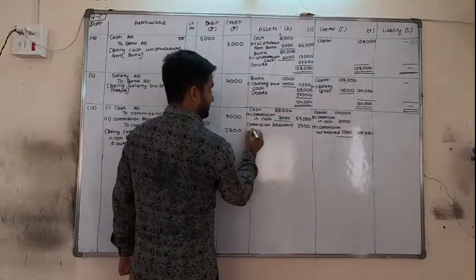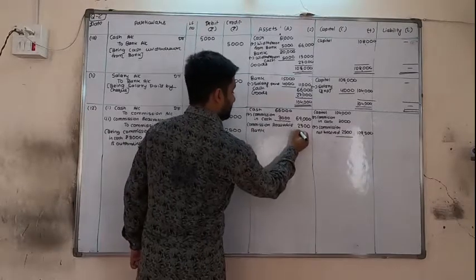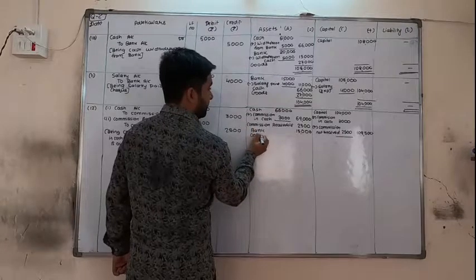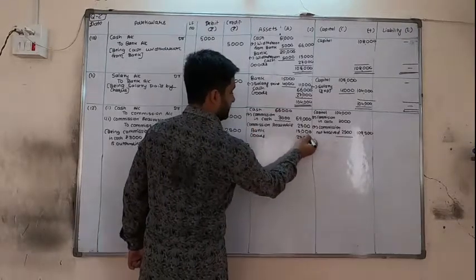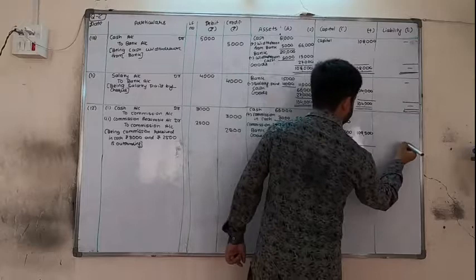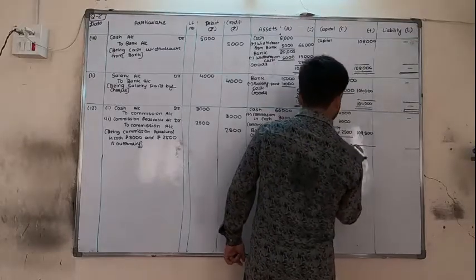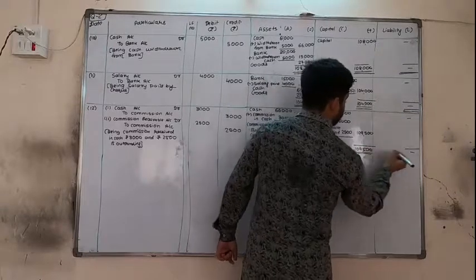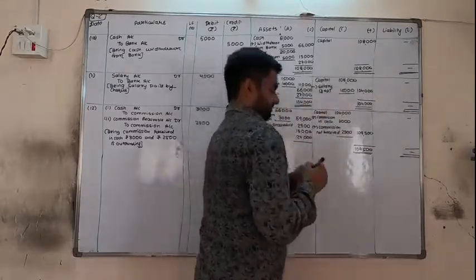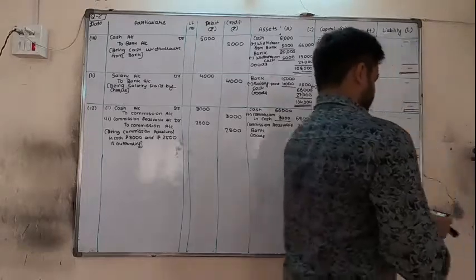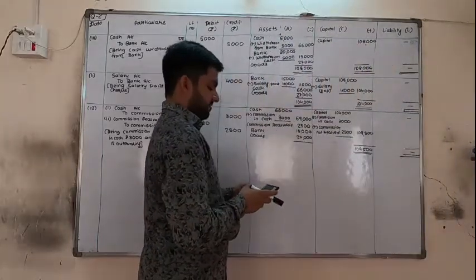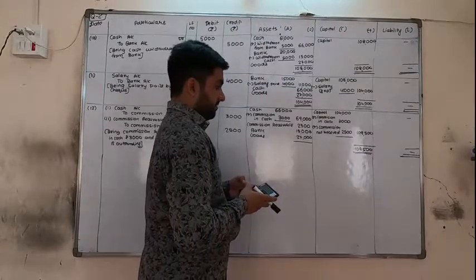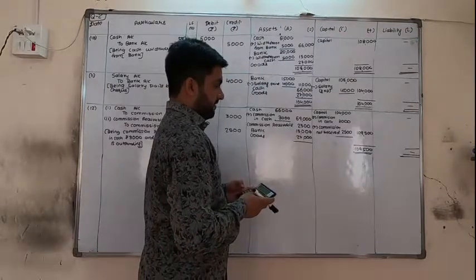See bank. Okay, so bank is 15,000. Cash and goods 27,000. Now let's take the total. Liabilities nothing. Here 1,09,500 and here 69,000, 2,500, 15,000, 27,000.